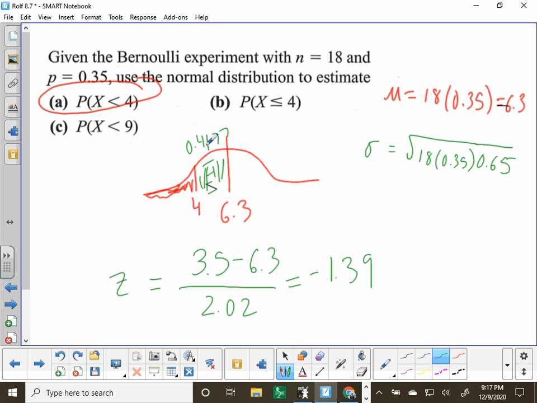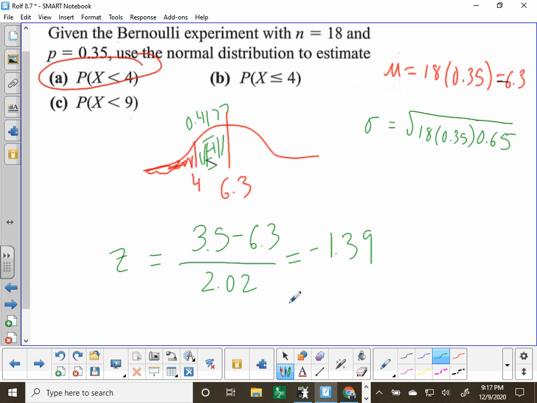Okay, so then I have to take that from 50% to get that tail right there. So the answer is equal to 0.5 minus 0.4177. Okay, so 0.5 minus 0.4177 is equal to about 8%.